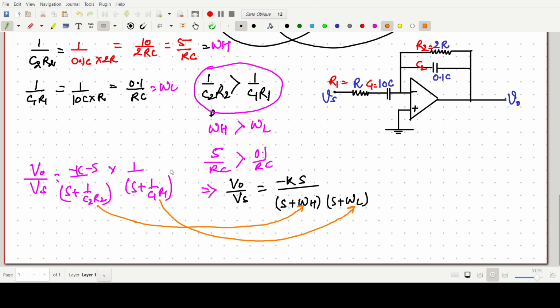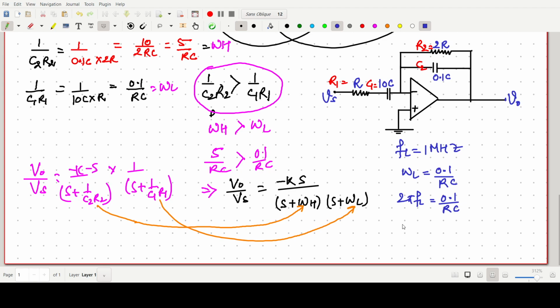Now we have to find omega H and omega L. In the question, the FL value is given as 1 megahertz, and omega L is 0.1 times RC. So this omega L is nothing but simply 2 pi FL equals 0.1 by RC.